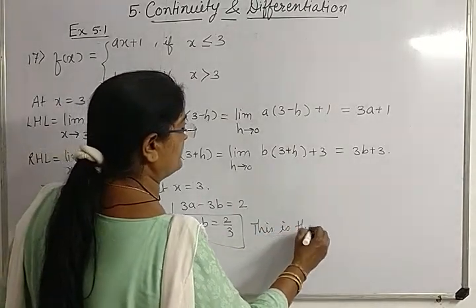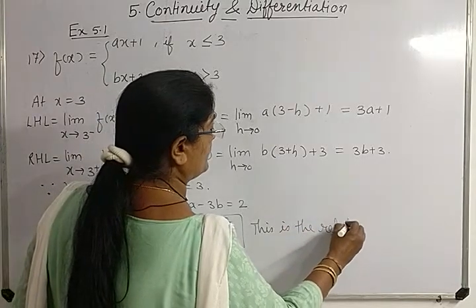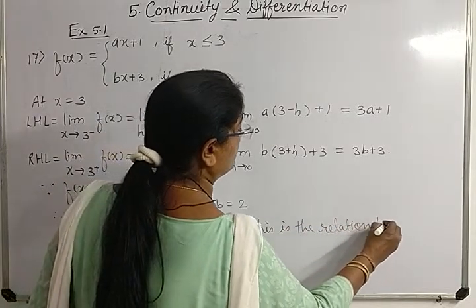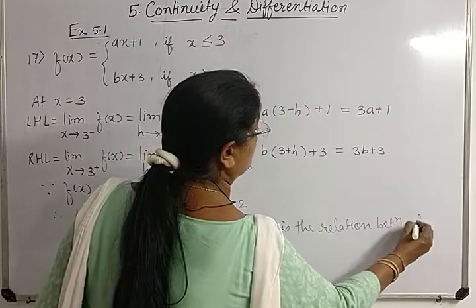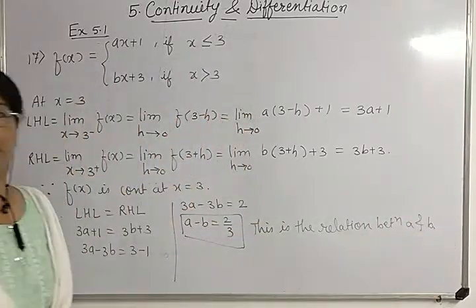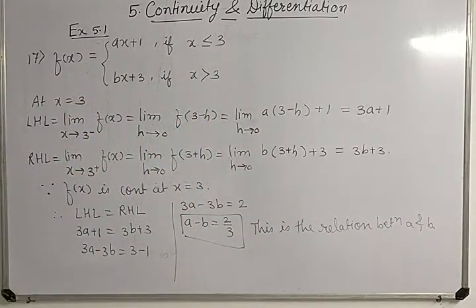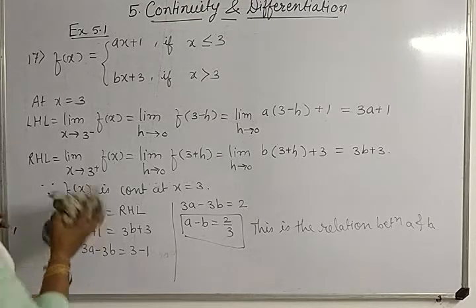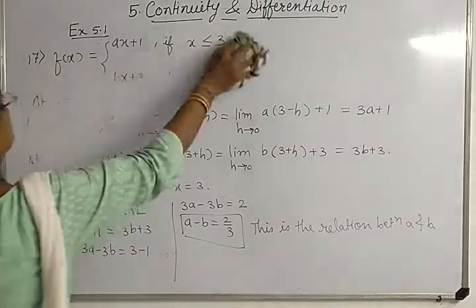In this way we have found out the relation between a and b. Now question number 17 is over.